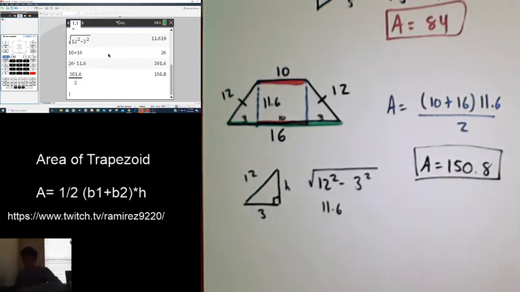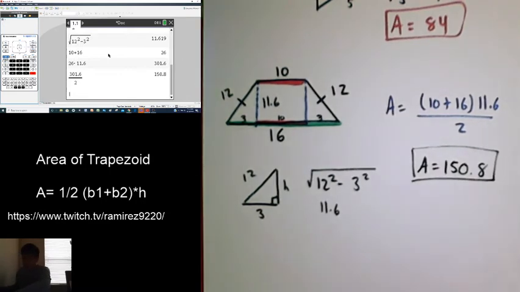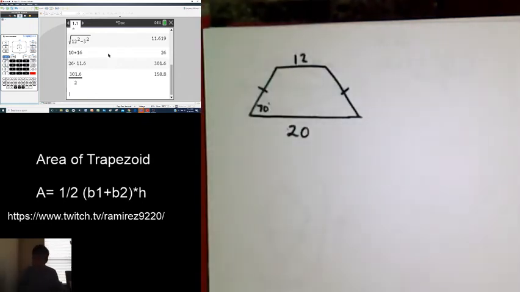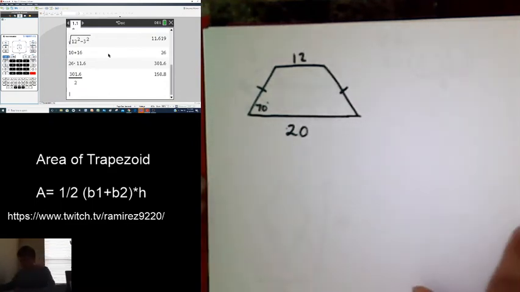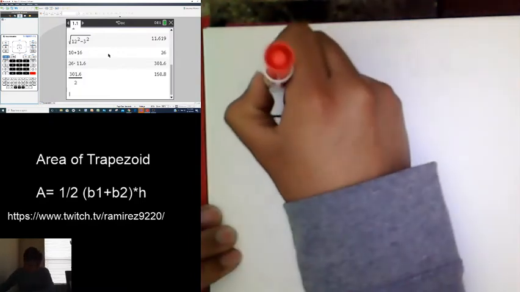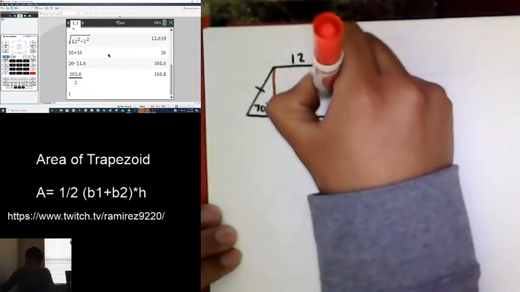All right, and one more where it's going to be one with an angle given. At any point, obviously, you need to be able to go backwards. If I give you area, you need to be able to manipulate to solve for any unknowns. So in this problem right here, very similar to the other one, we're going to go ahead and draw our own little heights.